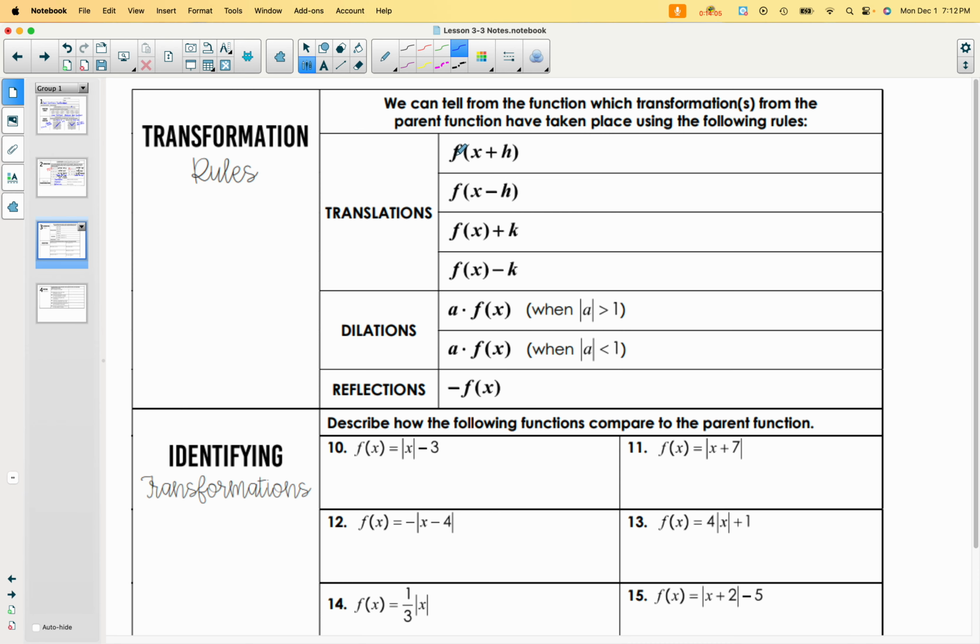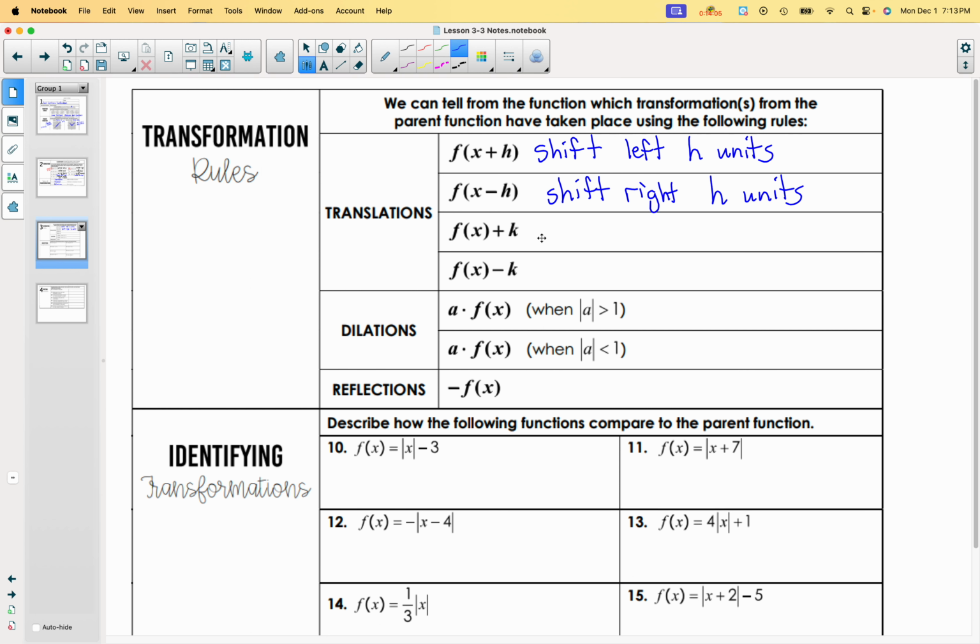So in general, when you have f of x plus h, this is going to shift left h units. If it's f of x minus h, remember it's opposite the sign, so we're going to shift to the right h units.